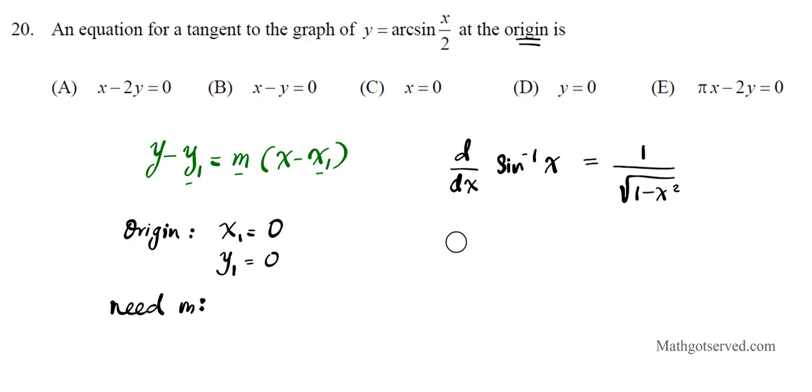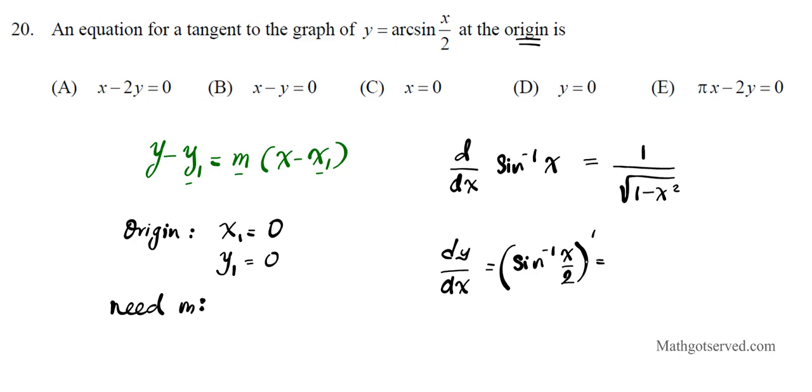So we're going to look for the derivative, dy dx, which is the derivative of inverse sine of x over 2. We're going to use the chain rule here because we have a composition of two functions, a linear function and an inverse function.